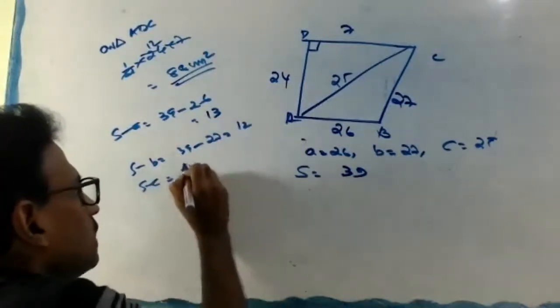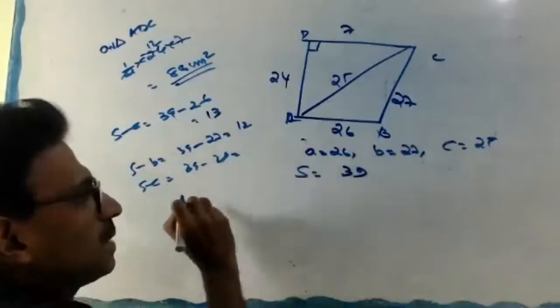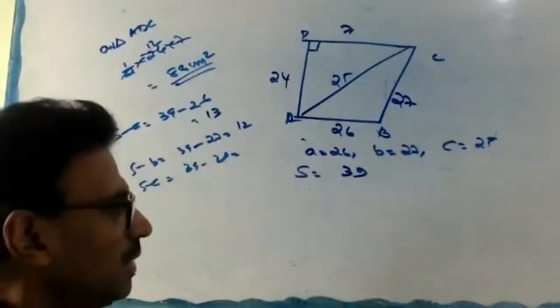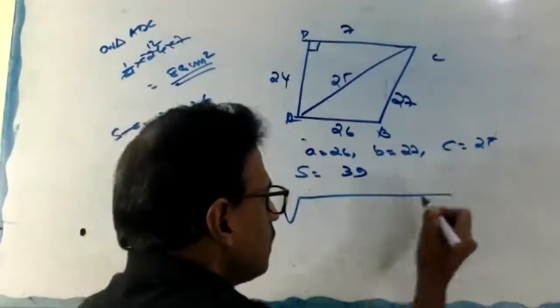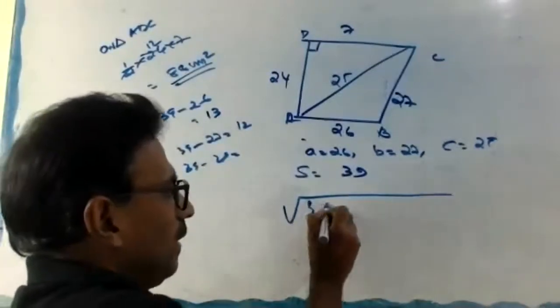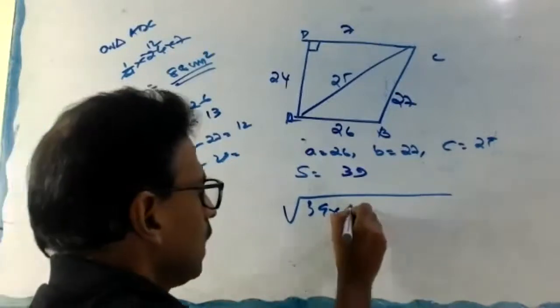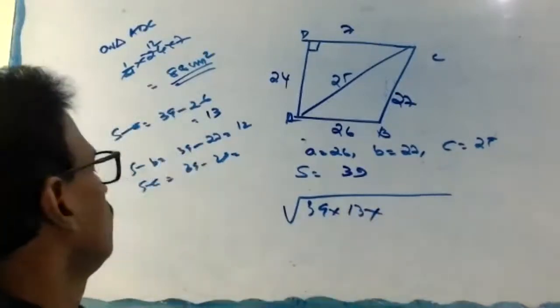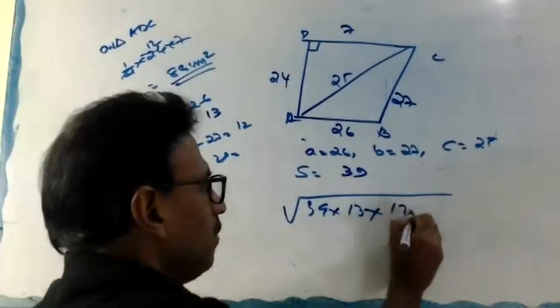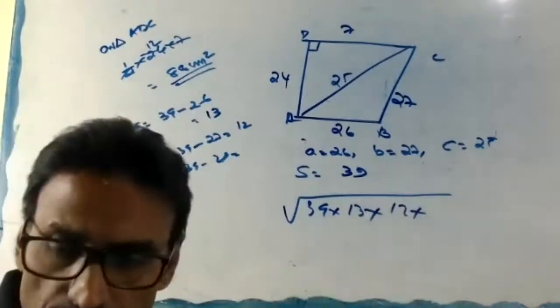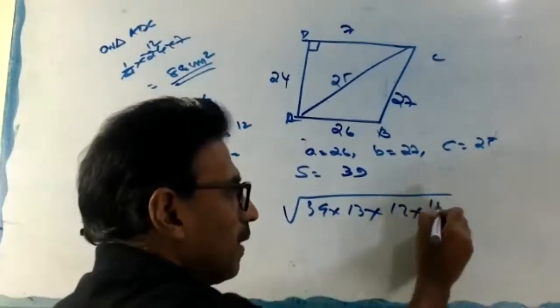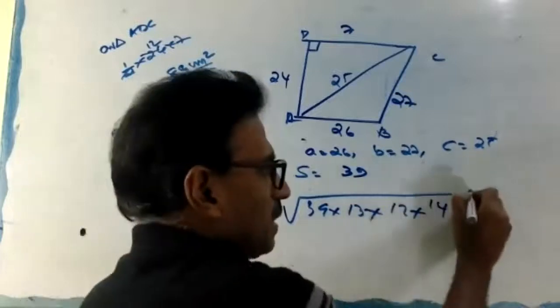S minus C: 39 minus 25, how much? 14. So then you can find the area: 39 into 13 into 12 into 14. Okay, now we cannot find out this area exactly.